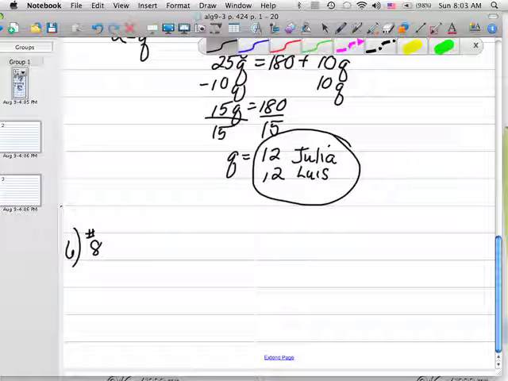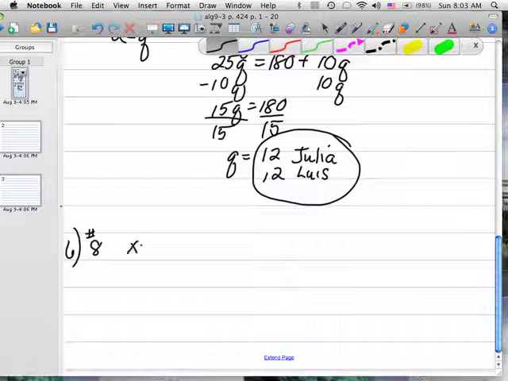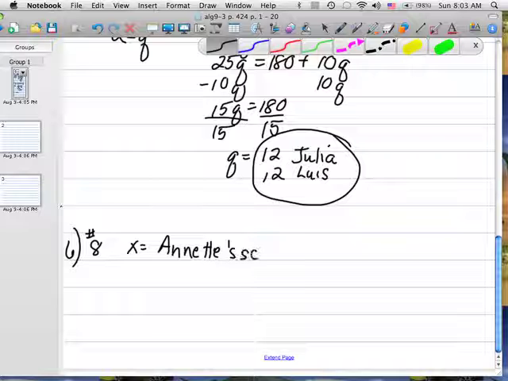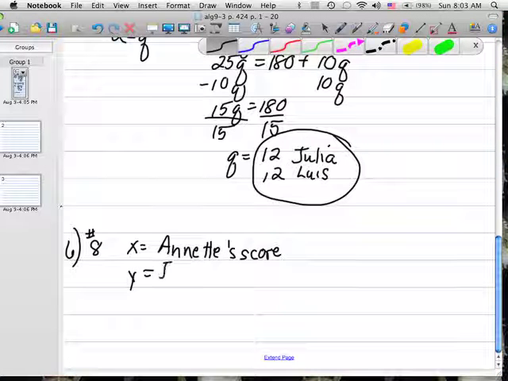Find their scores. So if we let X equal Annette's score and Y equal June's score.